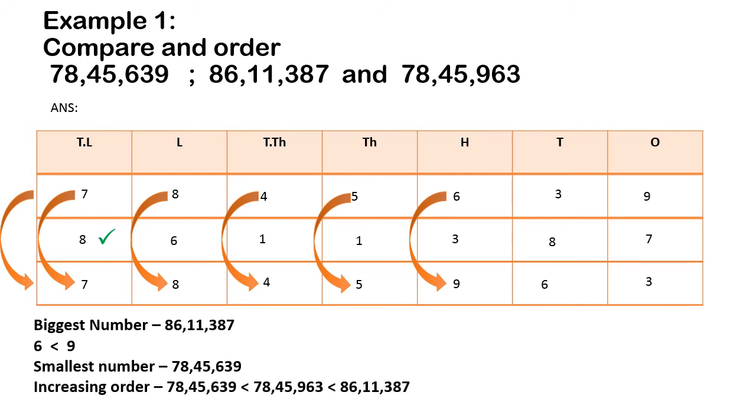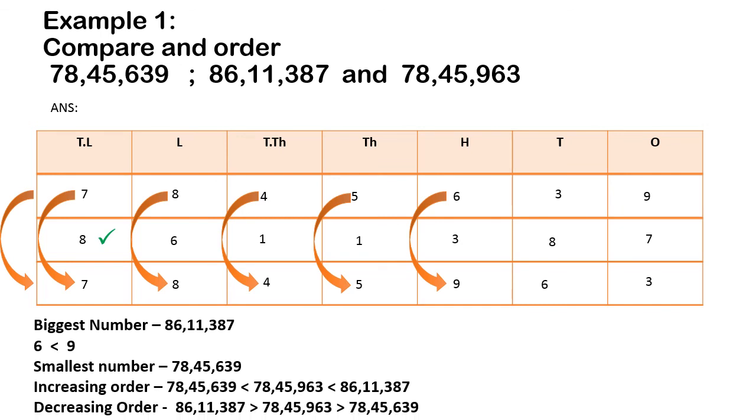So we can write the increasing order, that is ascending order. The smallest number. What is the smallest number here? 78 lakhs 45,639. What is the next number? 78 lakhs 45,963. Then the biggest number, that is 86 lakhs 11,387.